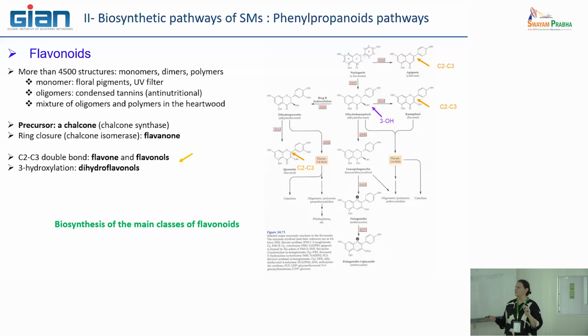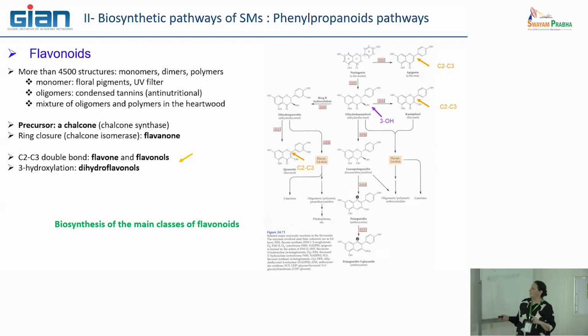And what happens is, if you have a double bond between C2 and C3, situated here, you can enter the whole pathway of flavones and flavonols. So that's just one of the first modifications, an initial step of two specific branches.